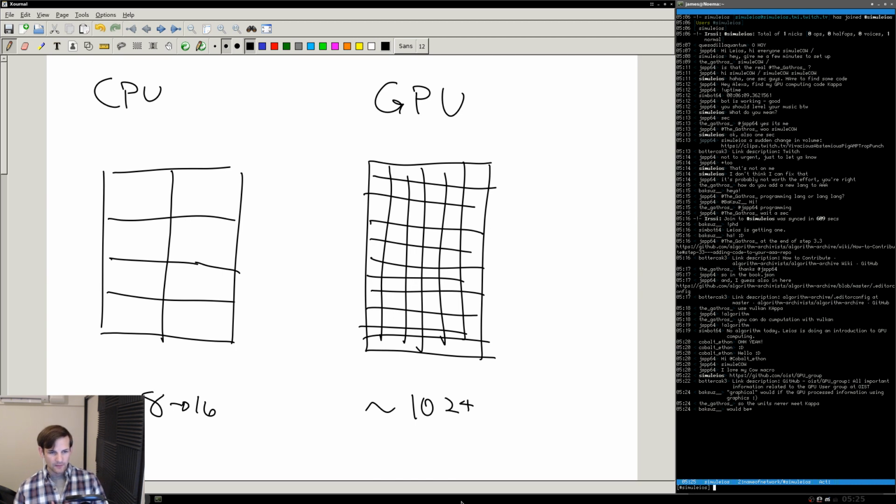Just by sheer magnitude, the GPU has way more cores available to it than the CPU. It has way more units of computation. However, each individual unit is much weaker. And this makes sense, because the GPU has been optimized as a device to display pixels on a screen.